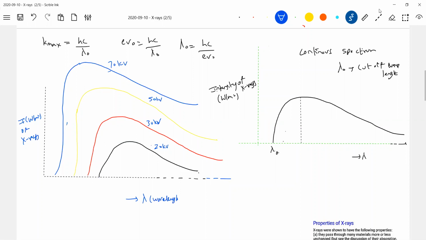When I plot this one, look at the wavelength for which intensity will be maximum, and also look out for the cutoff wavelength. So you call this lambda 1.